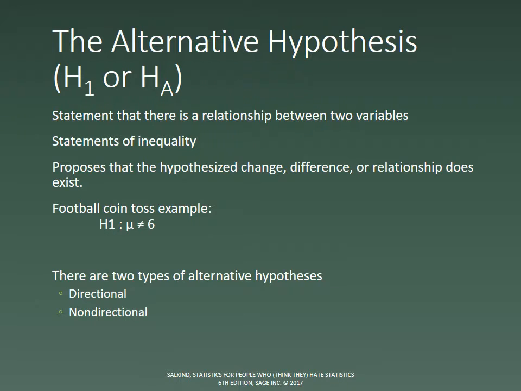Slower reaction time and problem-solving ability are positively related, and there is a difference between Caucasian and African American families in the amount of assistance offered to children in school-related activities. So these are all statements of inequality, and they pose some sort of a question between variables, and they're not equal, as in the null hypothesis.